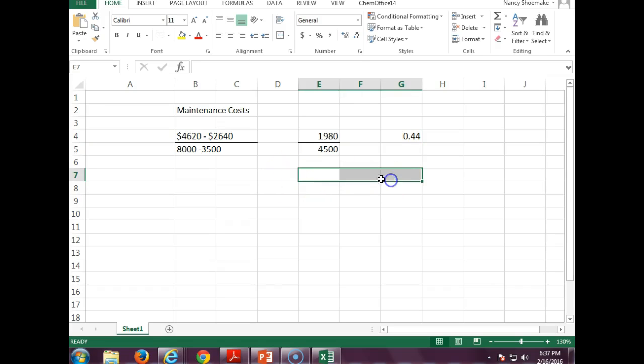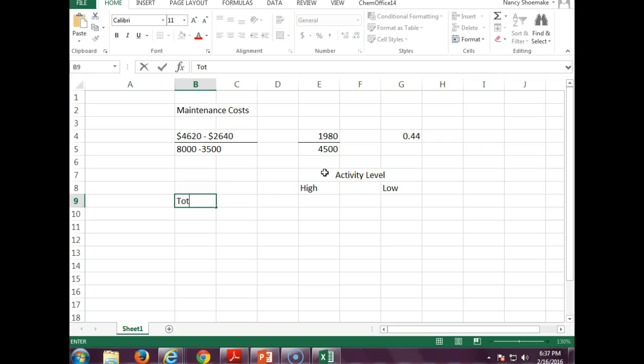So now I'm going to show activity level. We've got high, we've got low. We've got our total cost. The high month was $4,620, wasn't it? Right? The low month was $2,640.